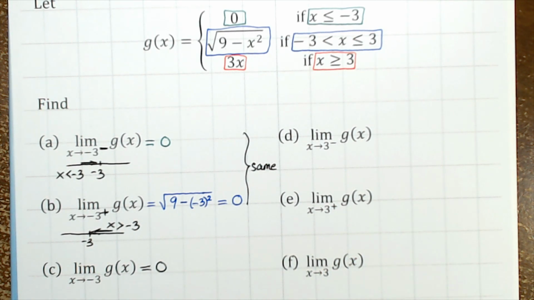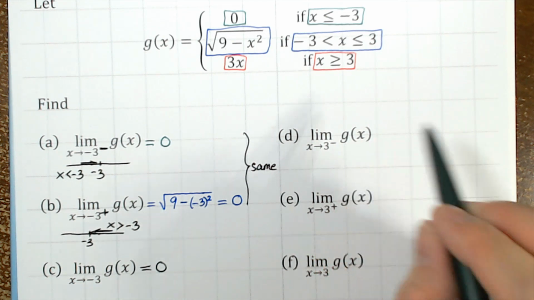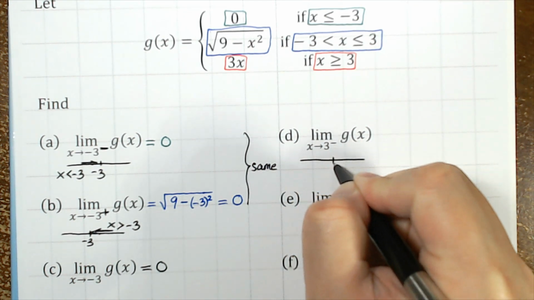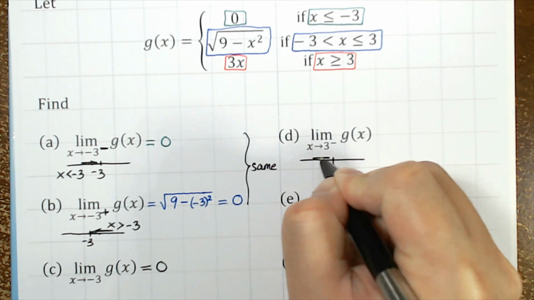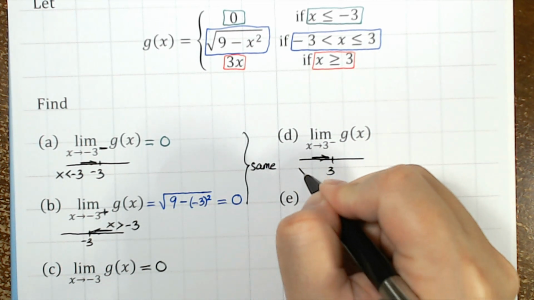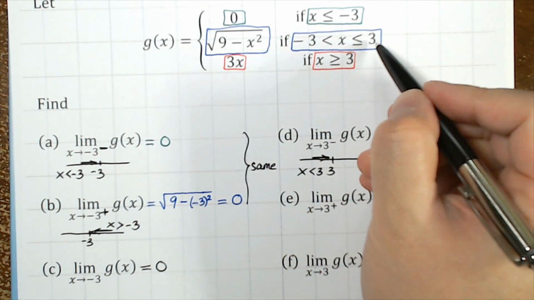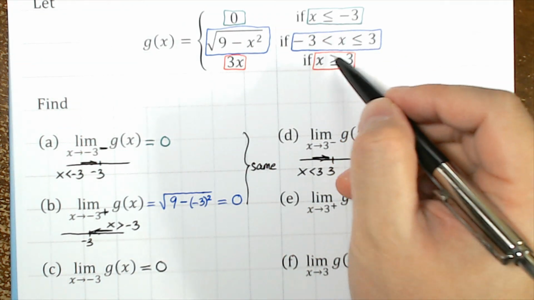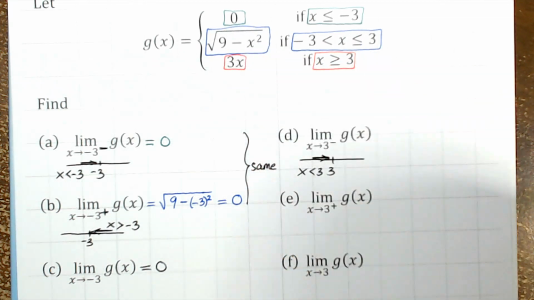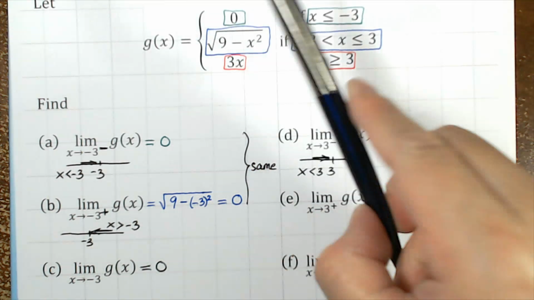Next, we have the limit when x goes to 3 from the negative side. I should say from the left side. On the left side of 3, x is less than 3. If less than 3, we use this condition, which is this function.